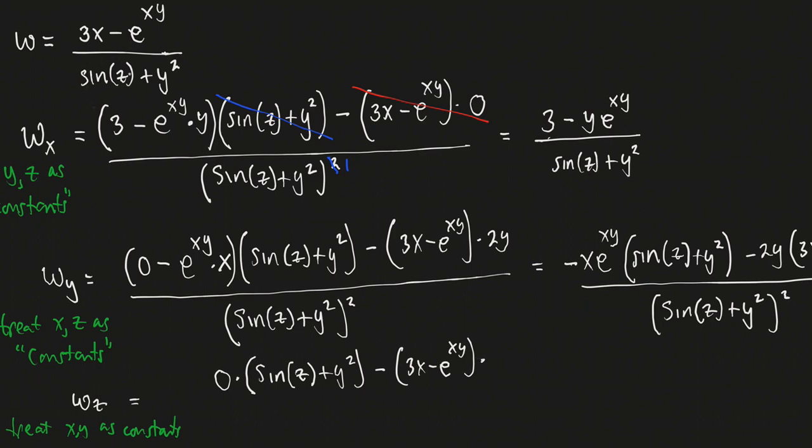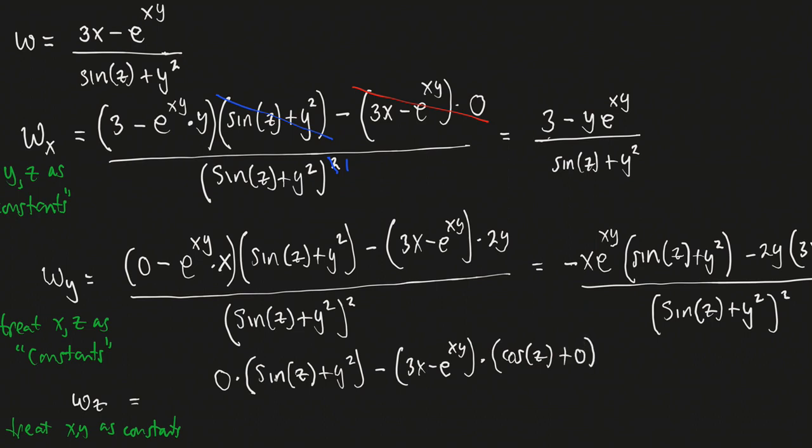The derivative of the sine of z with respect to z is cosine of z, right? And then the derivative of y squared with respect to z, not x. So let's say this again. The partial derivative of y squared with respect to z is 0.